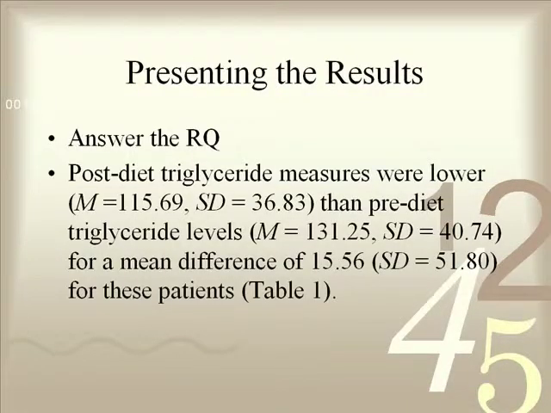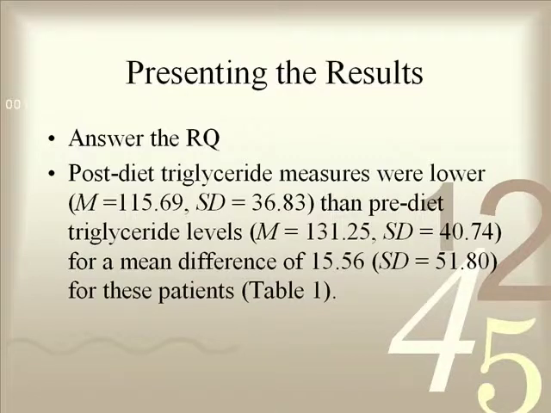So again, we always need to answer our research question. The first couple bullets here are describing the descriptive statistics. Post-diet triglyceride measures were lower than pre-diet triglyceride levels for a mean difference of 15.56 for these patients.